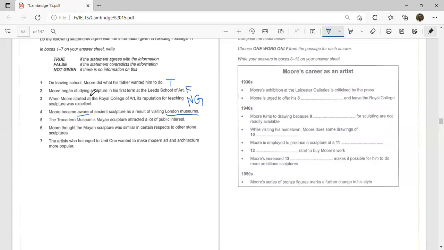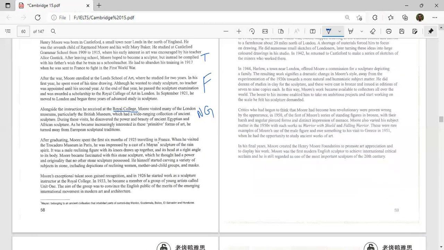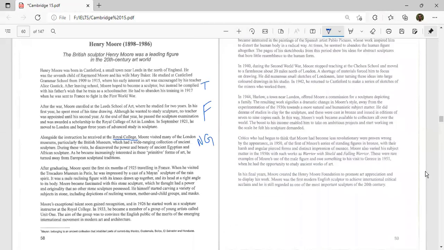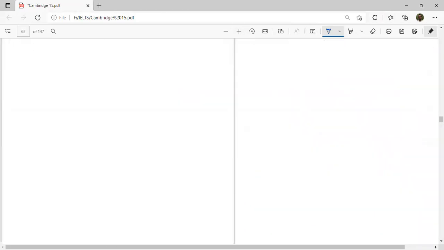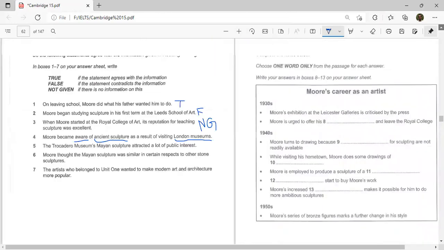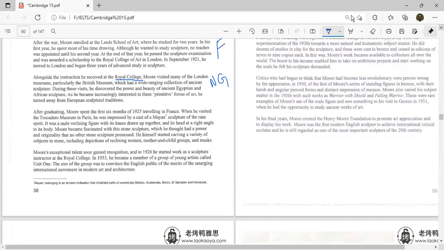So, many of the London museums, sorry, in the third passage, particularly the British Museum, which had a wide range collection of ancient sculpture. During these visits, he discovered the power and beauty of ancient Egyptian and African sculpture.